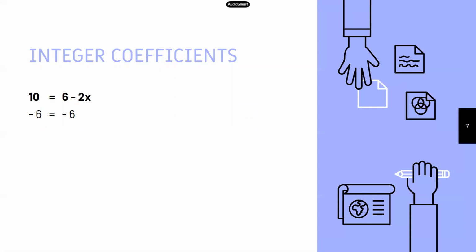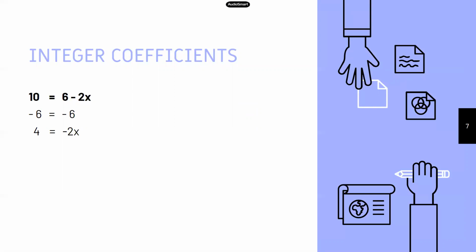Once we do that, we're left with 4 on one side of the equation, on the left side, and we're left with just the negative 2x on the other side. So now this equation should start looking familiar. It looks really similar to what we are used to in terms of the one-step equations.